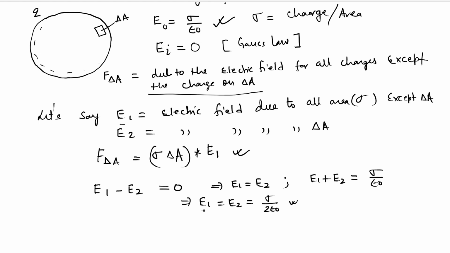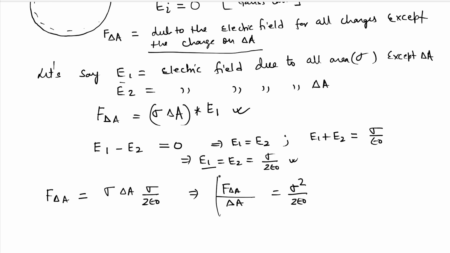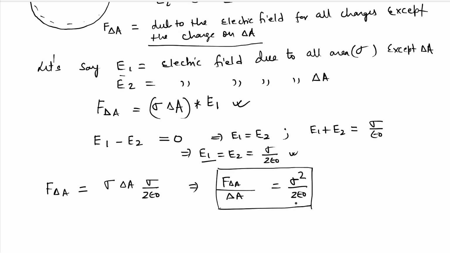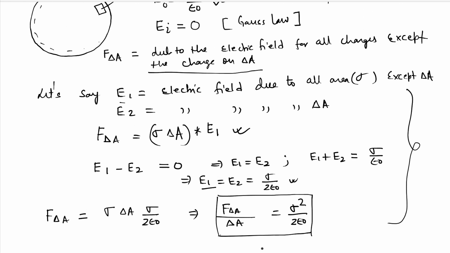If we take this E1 and put it here, then F delta A will become sigma delta A times sigma by 2 epsilon naught, and therefore force per unit area is sigma square by 2 epsilon naught. So this is the expression for the force, which is pretty typical. You might already know this, but it is good to prove it like this because you understand the concept behind it.